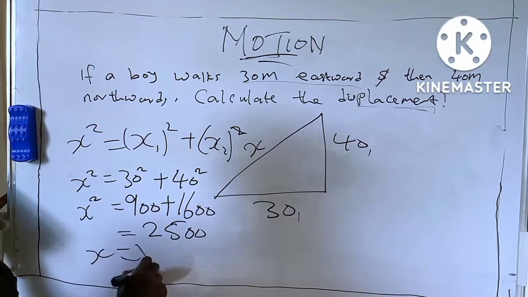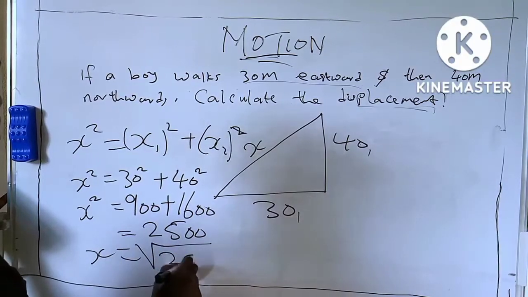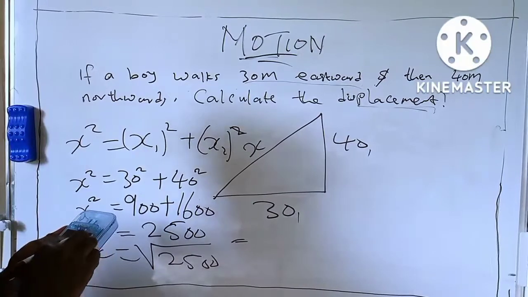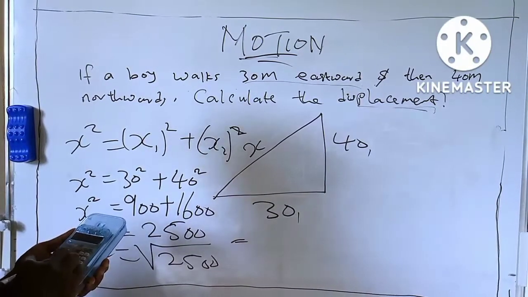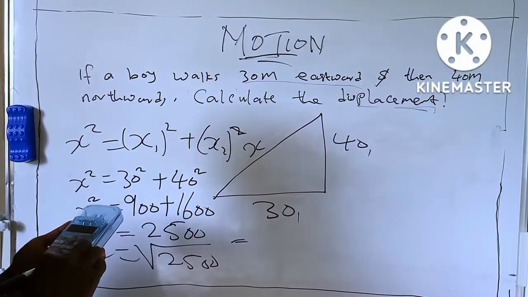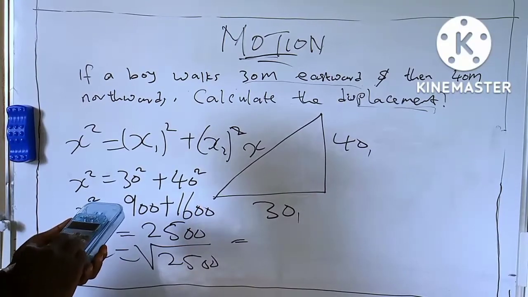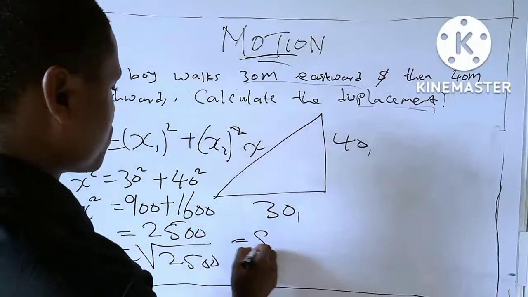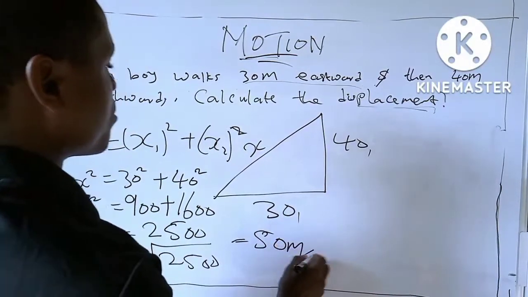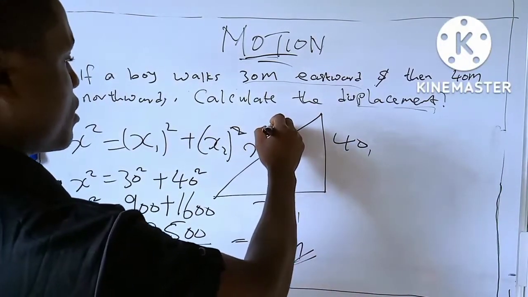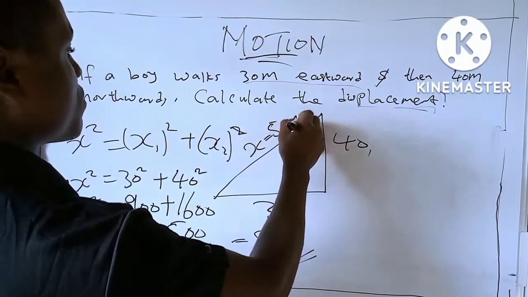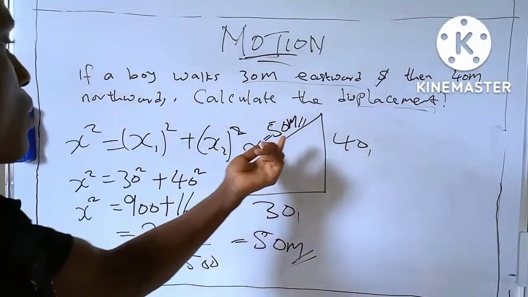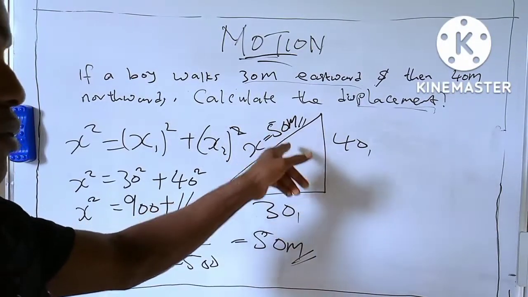So x equal to the square root of 2500, which is 50 meters. So here the displacement is 50 meters.